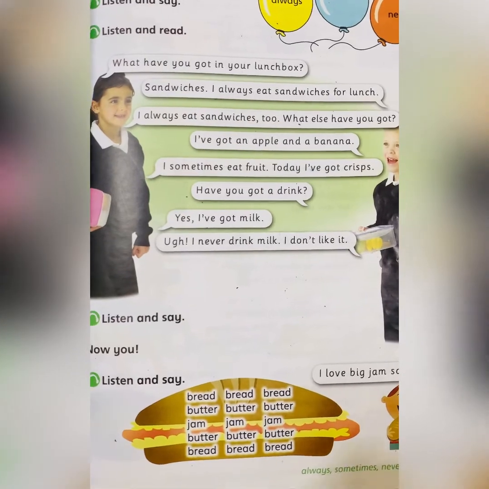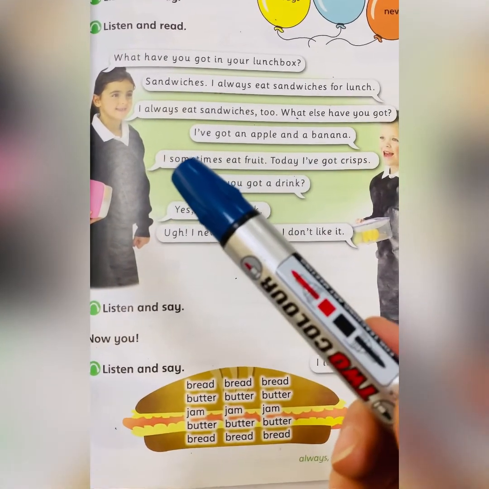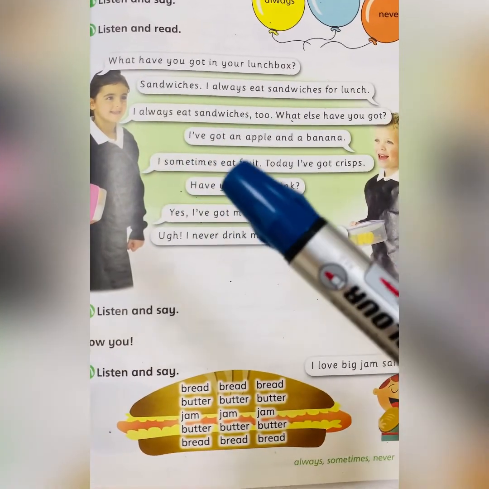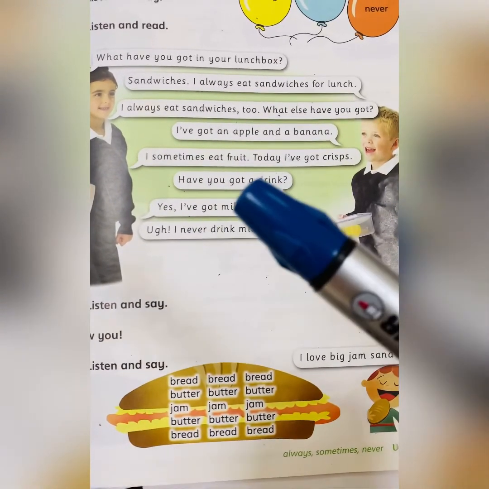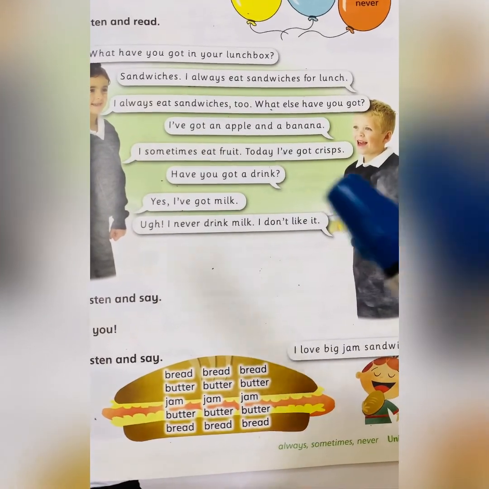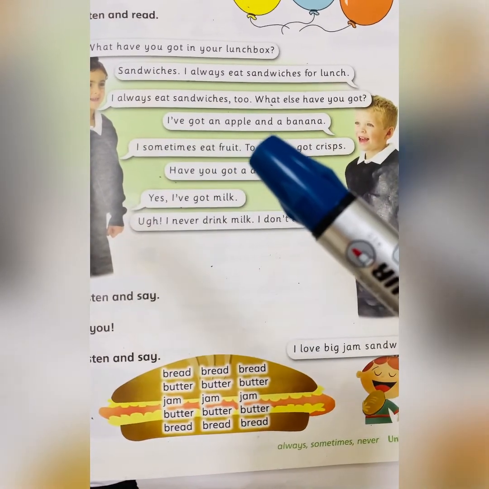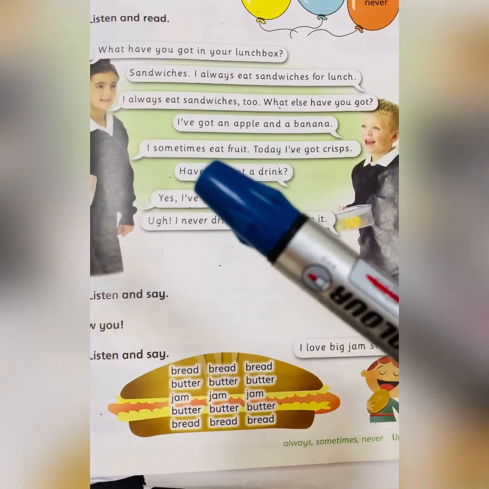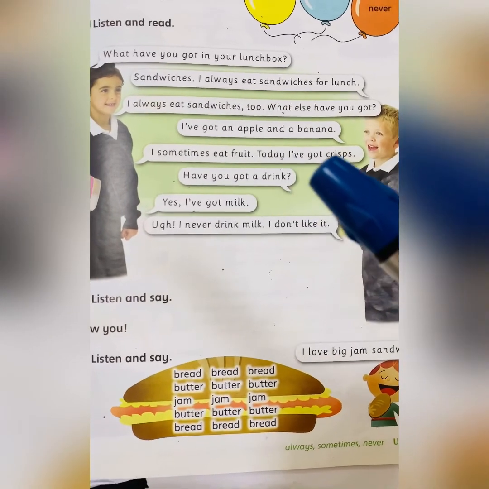Okay. Also, the girl says I always eat sandwiches too. What else have you got in the lunchbox? And the boy says I've got an apple and a banana. And the girl says I sometimes eat fruit. Today I've got crisps.